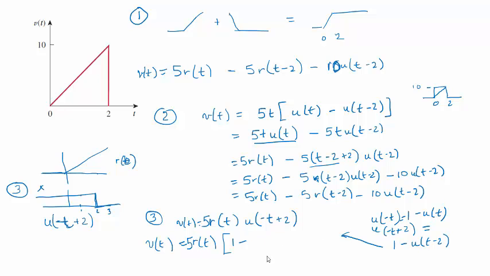So substitute that back in, u at t minus 2. Then you go ahead and distribute all of that out. 5 r of t here minus 5. We have to do the same thing that we did here. You have to do the same math that you did right here.